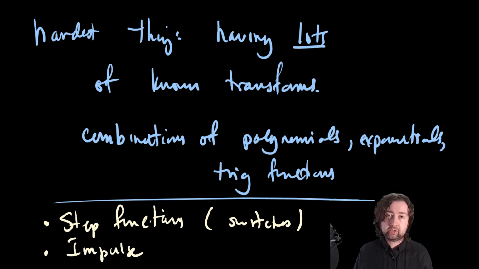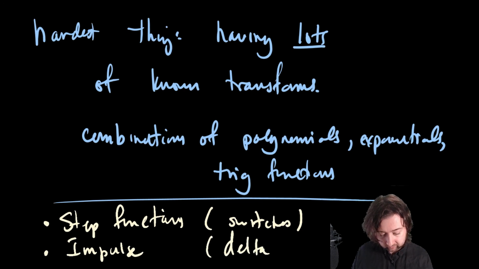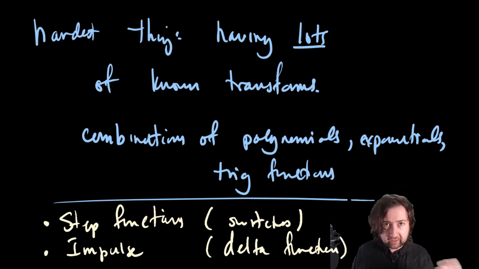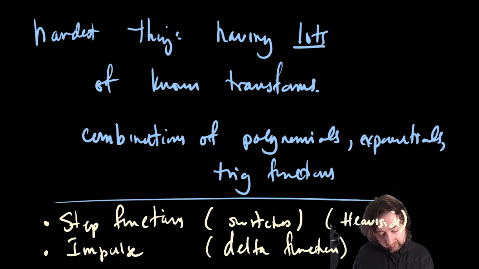An impulse function is a function that just instantaneously imparts force into a physical system. It is sometimes called a delta function, or a Dirac function. So Heaviside is the name associated with step functions, and Dirac is the name associated with impulse functions.